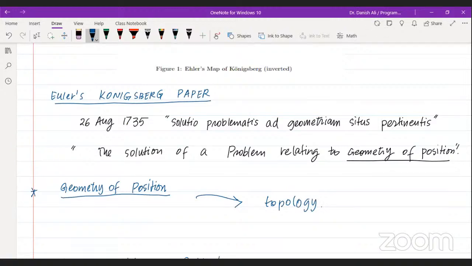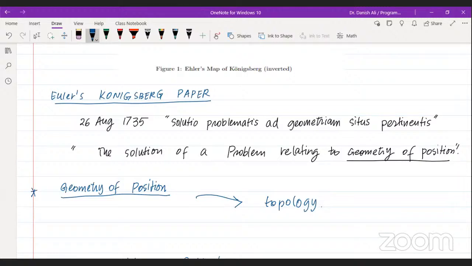And this branch of geometry, I have told you before as well, we call a topology. So we call this problem a topology problem. And this is the classical example of what we were discussing last week as well: is mathematics invented or discovered?